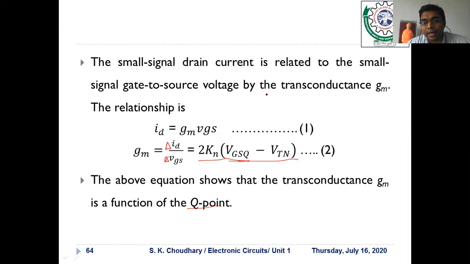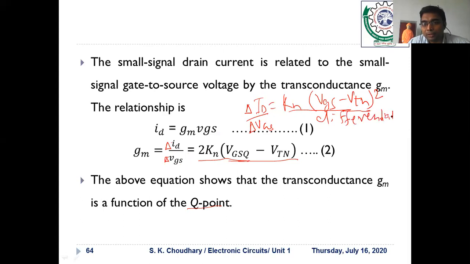As we know, the formula of ID is capital Kn times VGS minus VTN whole square. When we want the change in drain current with respect to the change in VGS, we have to differentiate this equation. Anyone has any idea how to differentiate?